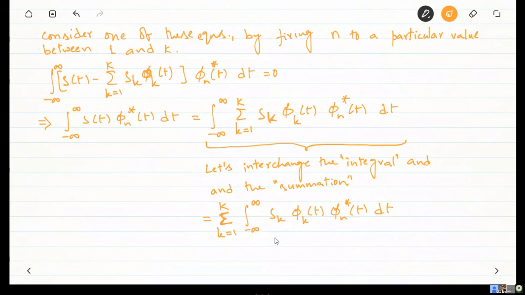This we can do only under a few circumstances, when these signals obey Fubini's theorem, right? You will learn this in your math courses. If you haven't learned it in your undergraduate, you will definitely learn it in your masters. The only thing I want to caution is that in almost all UG courses you can do this, because the signals you encounter will be such that you can do this interchange. But in general you cannot take it for granted.